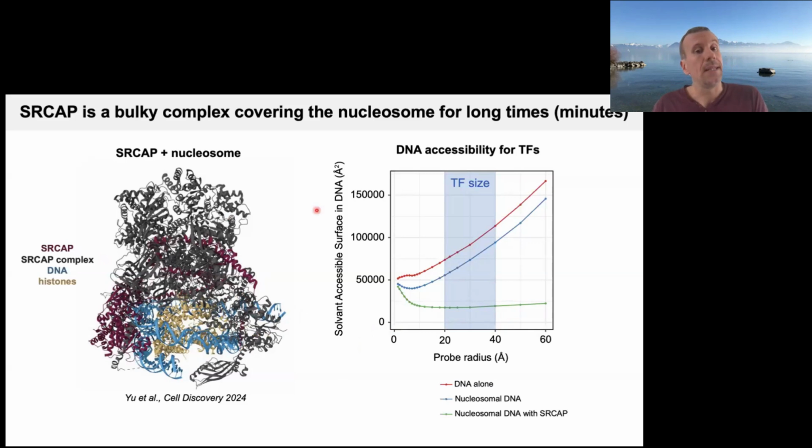And in our ESCs, SRCAP is extremely highly present on chromatin. It's in the top 5% of most abundant proteins on the chromatome. So we thought that, since it's very abundant, maybe it's mainly on nucleosomes that are in relatively open regions of the genome. So maybe it could inhibit transcription factor binding by simply sterically hindering their access to DNA.